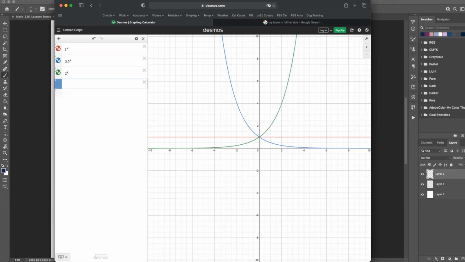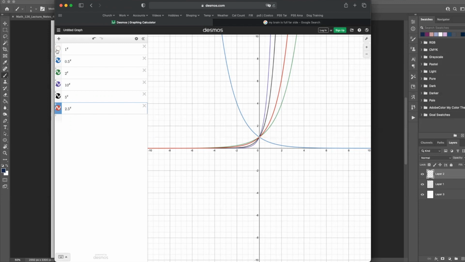And then let's put in another one. Let's put in 10 to the x power. So notice 10 is a lot sharper. And if I put in 5 to the x, it'll still be pretty sharp. Let's do 2.5, and so 2.5 is fine. So we can have values that are not integers. Let me reorder these for a second.